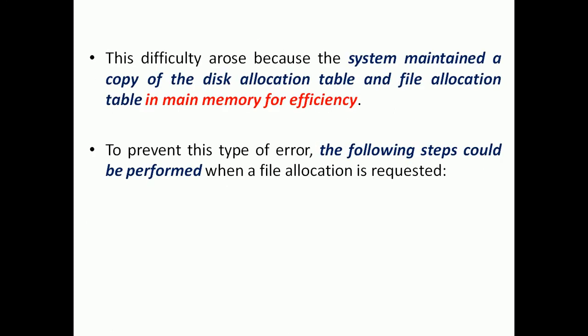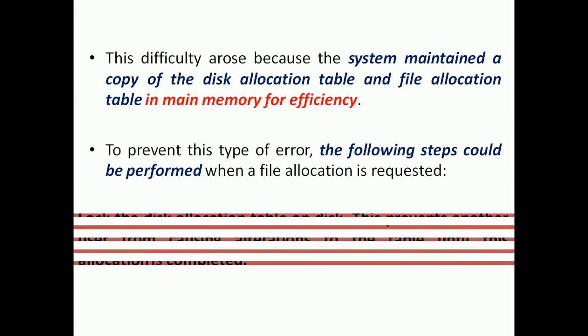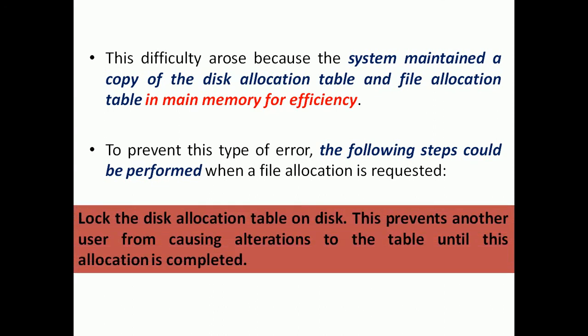In this scenario, the system maintained a copy of the disk allocation table and file allocation table in main memory for efficiency. To prevent this type of error, the following steps are performed. One, lock the disk allocation table to prevent other users from accessing it while the specific user is using it.